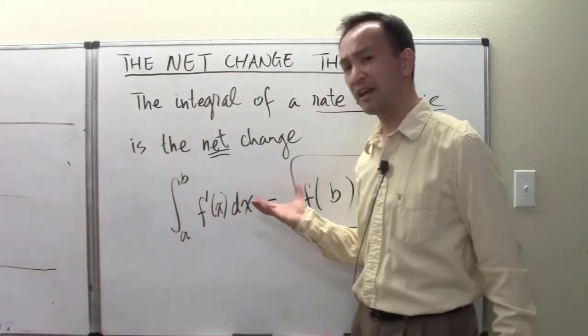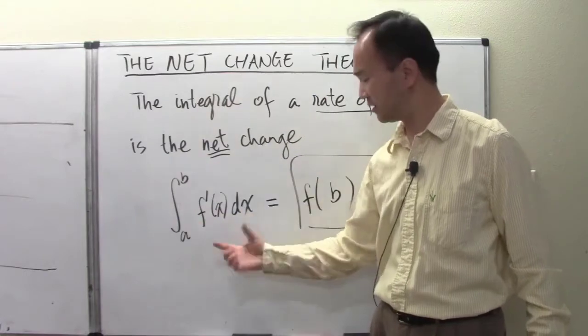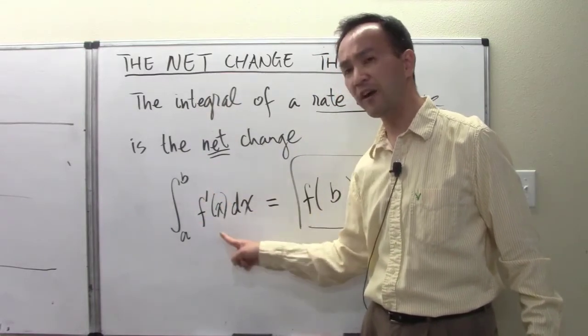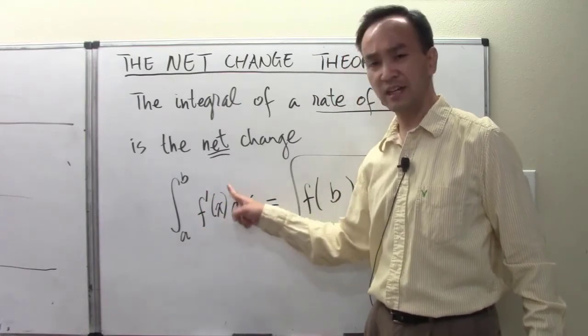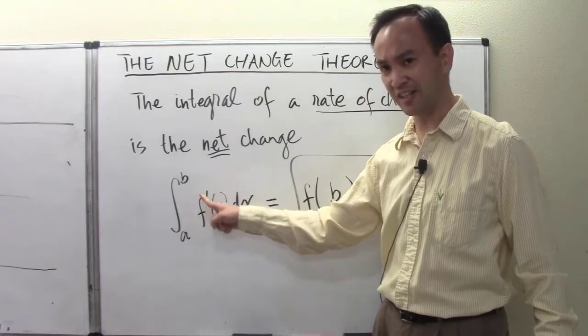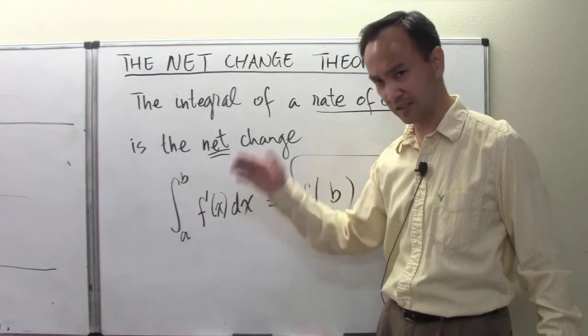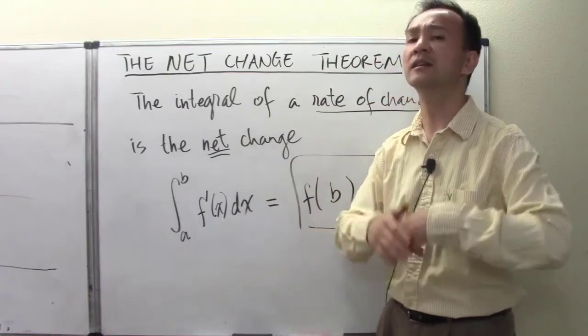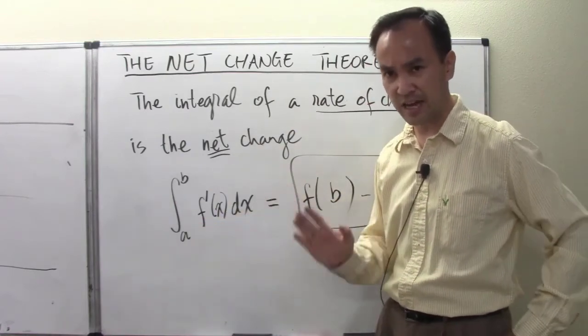It's an important guarantee that anytime we start out knowing a derivative, a known rate of change, then taking the definite integral of a rate of change, which at your calculus level is most of the time referred to as the instantaneous rate of change.